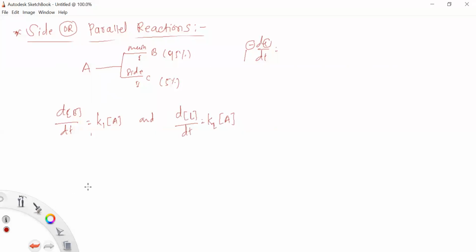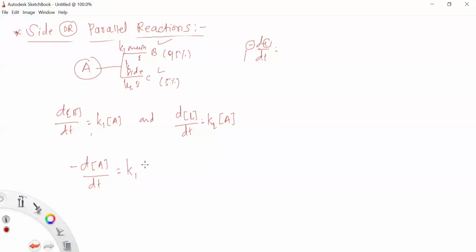Now, the overall rate of disappearance of A. We now form the rate law separately for this and this. So the overall disappearance of the concentration of reactant A is minus d of concentration of A upon dt, which is equal to k1 for this one and k2 for this one.